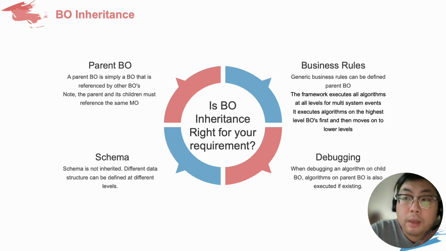The other thing is whatever the business rule, for example the BO algorithm or BO lifecycle algorithm, could be replugged on both BOs. You can design once and plug in on both BOs. It doesn't have to be a parent BO setup to inherit these logics. So they can be reused.